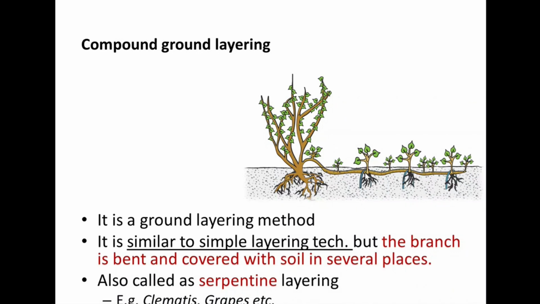Gradually, wherever you made an incision or small wound in the twig, it will produce roots below ground and shoots above ground. Then you can cut it here, here, and here, so you get three individual plants. Then you can shift these plants wherever you want. So this is compound ground layering.